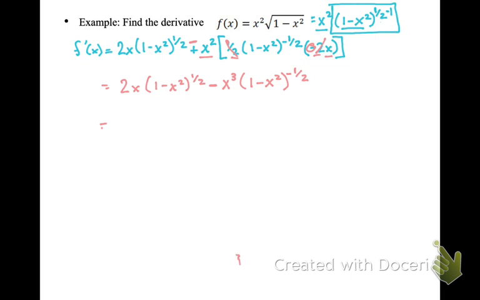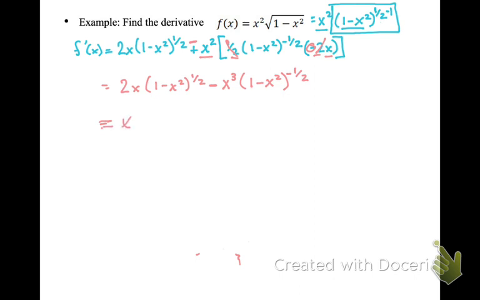Well, they both have an x in common, yes? Okay, so we should factor that out, right? So I have an x in common.